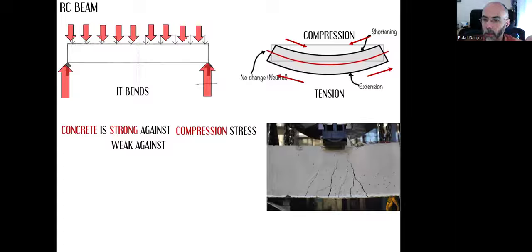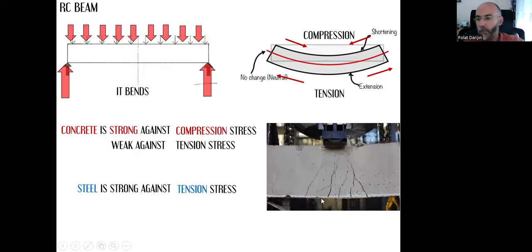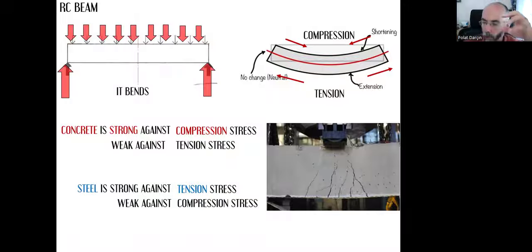However, it's weak against tension stress. It starts to break into pieces when there's tension. And we know that steel is a material strong against tension. It works for the tension. However, it's weaker against compression. So wherever we have compression, we can provide concrete, and where there's tension, we can provide steel reinforcement bars.